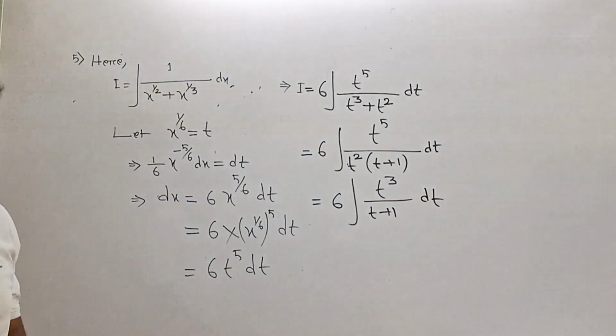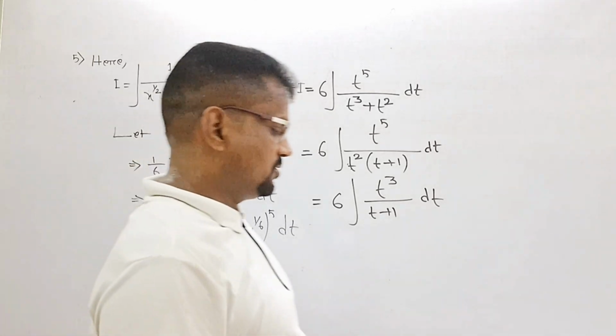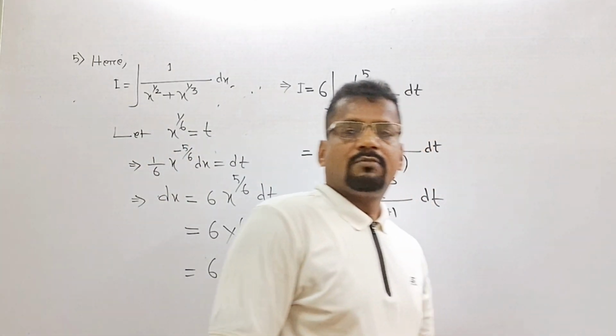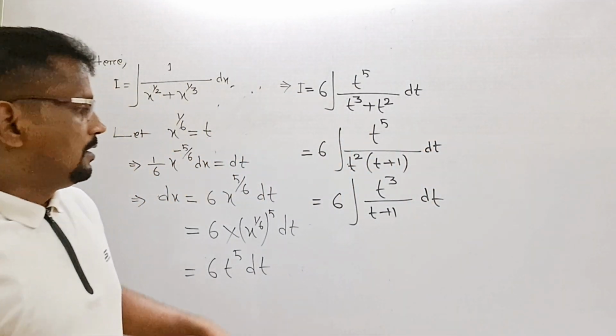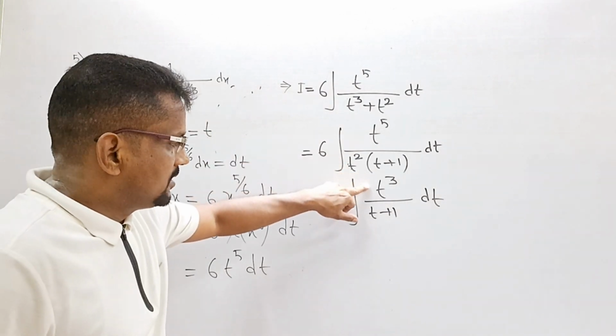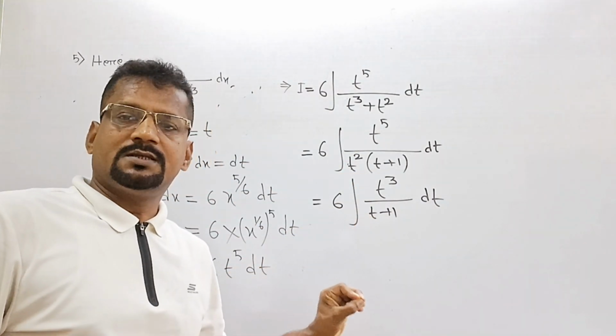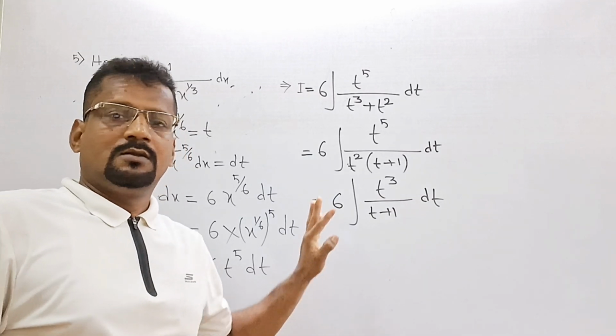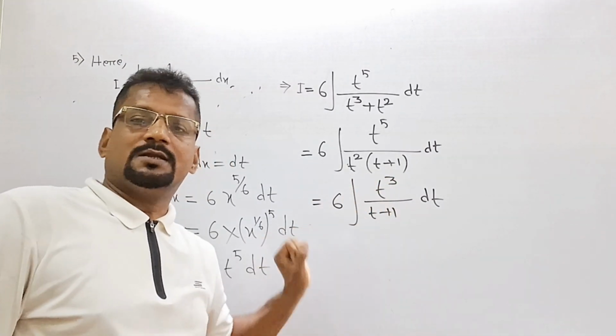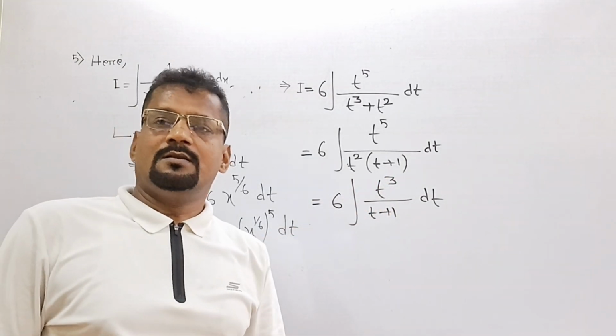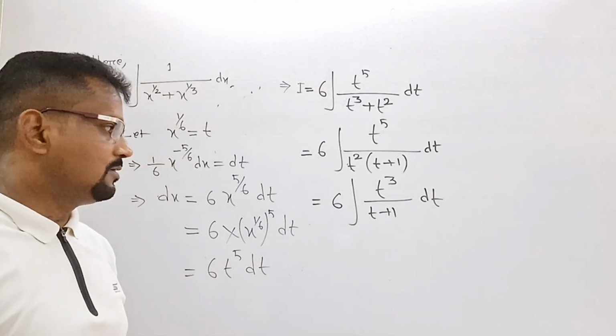So almost we have done to get a suitable form so that we can find the integral. Now see, it is a polynomial in t divided by a polynomial, which means it's a rational function. So when the integrand is a rational function, the partial fraction method is applicable.